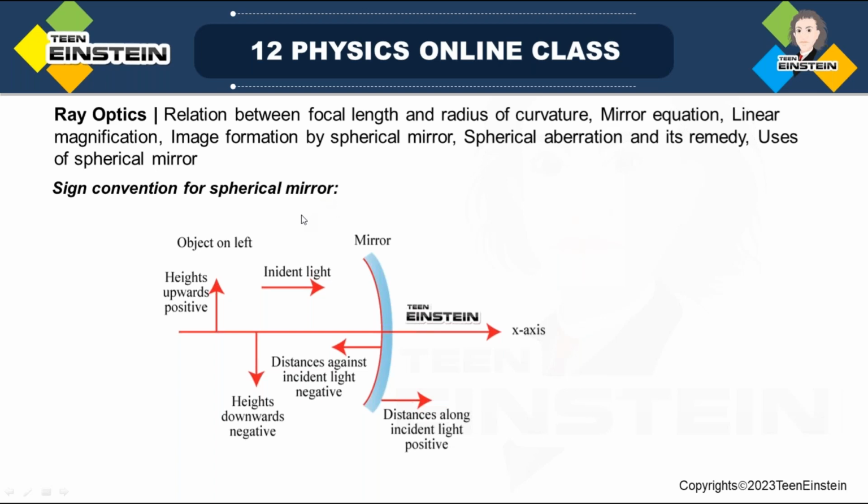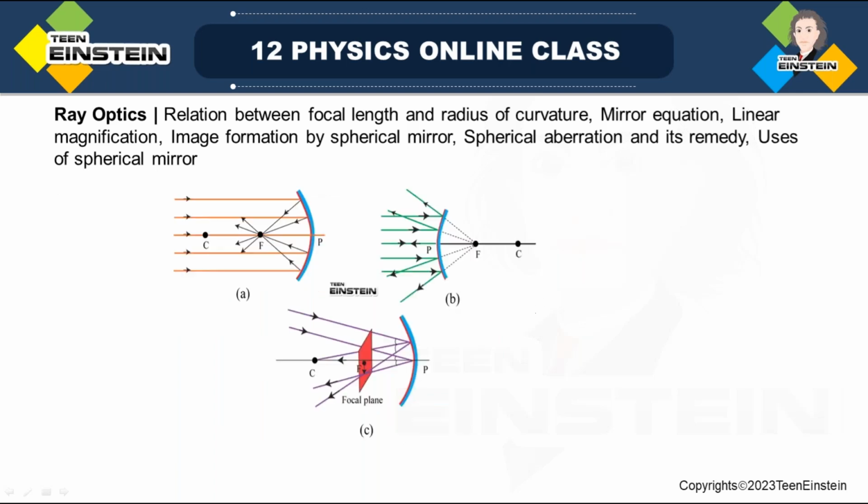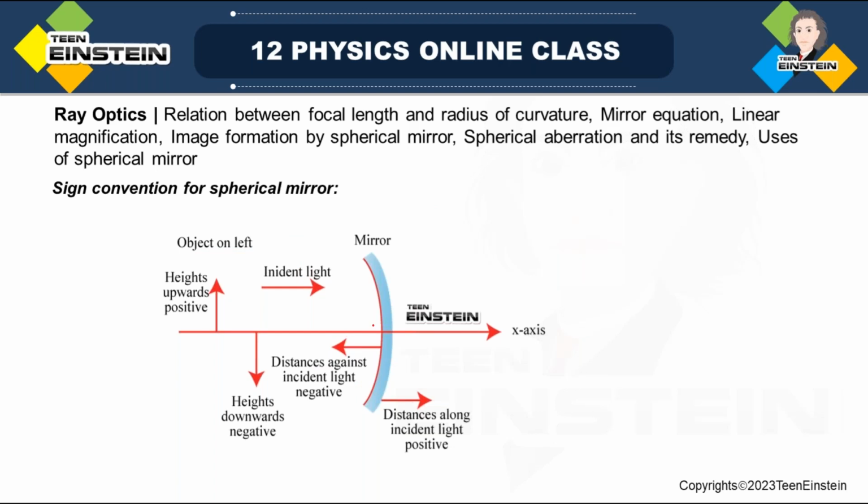It is very simple. Yesterday, I told you that we consider a two-dimensional Cartesian coordinate system where the pole is the origin, the principal axis is taken as the x-axis, and the perpendicular axis drawn through the pole acts as the y-axis.